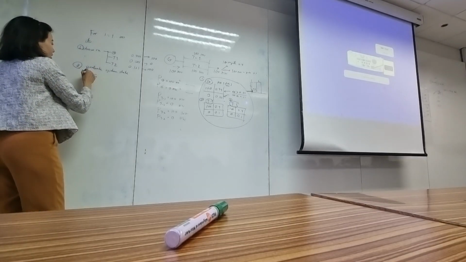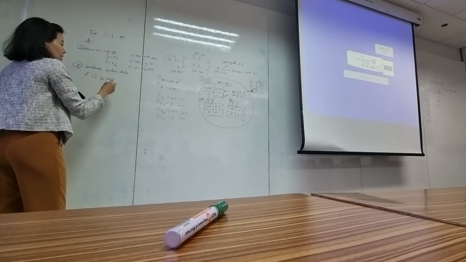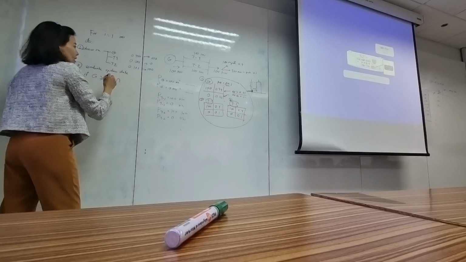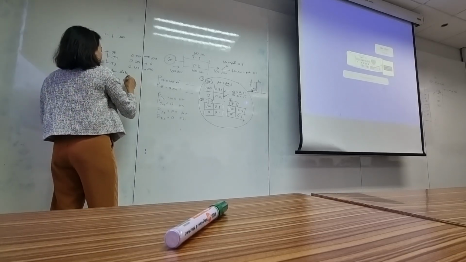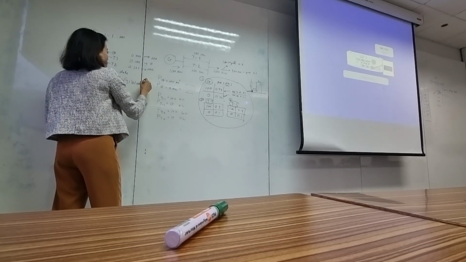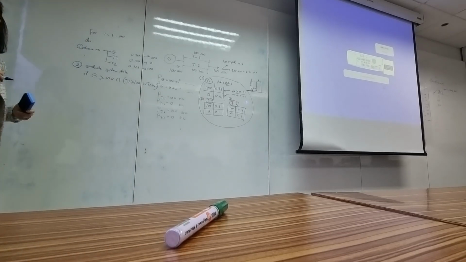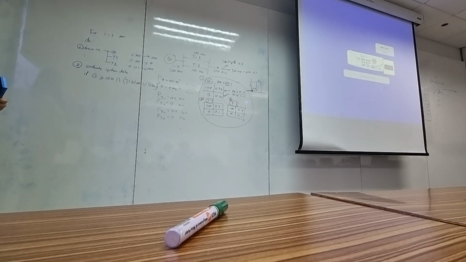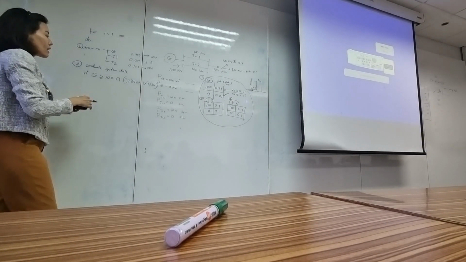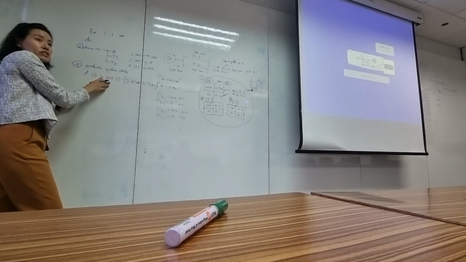If generator is greater than or equal to 100 and T1 is greater than or equal to 100 or T2 is greater than or equal to 100, right? If you write this, it means that you have enough transmission line and you have enough generation.